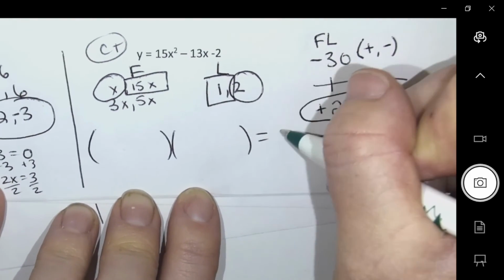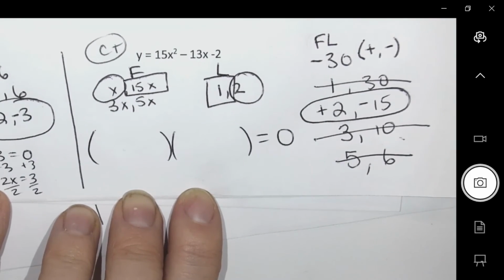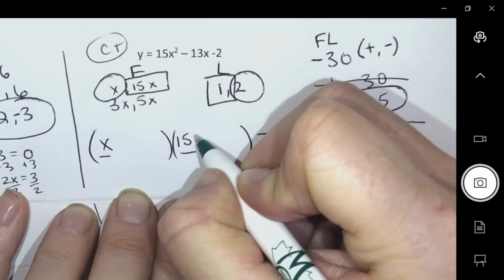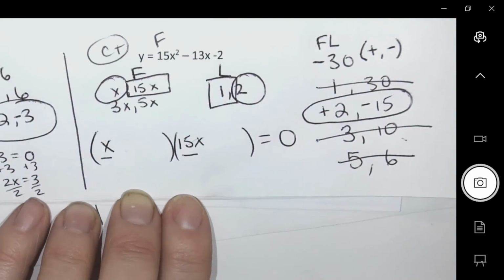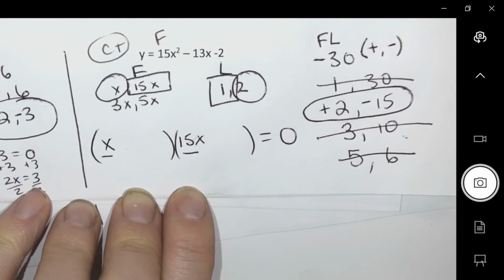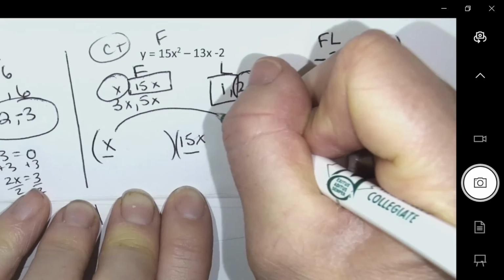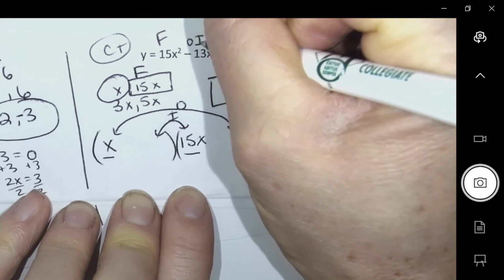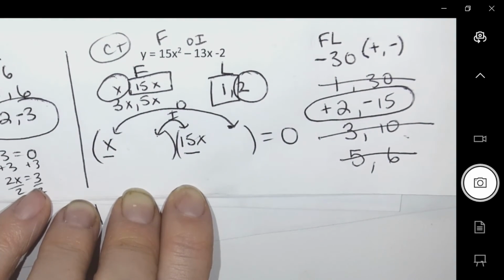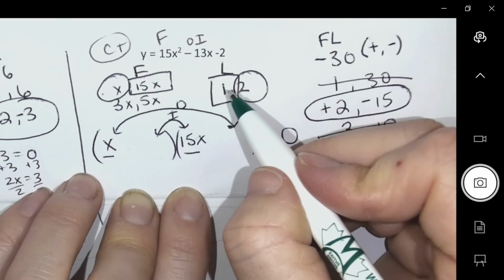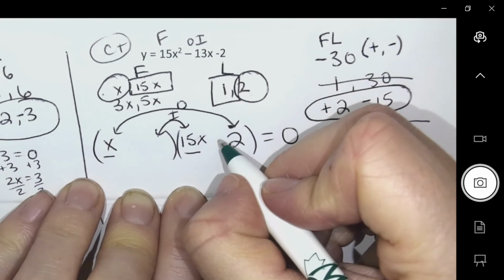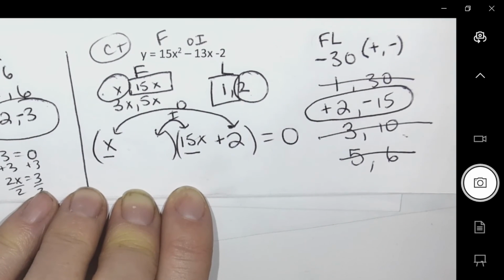Okay, so let's see where to put everything in a bracket. First times first, so x times 15x. Boom, I got my 15x squared. The O and the I together. So we already know we need a negative 15x and a plus 2x. So we put the 1x with a 2 to make a plus 2x.